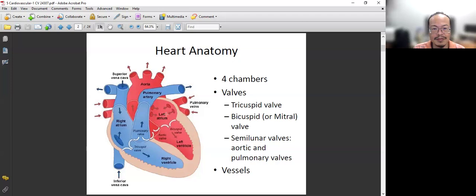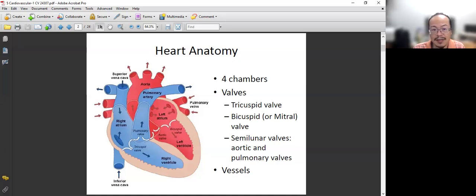All right, so you need to know these chambers and how they connect, and also which vessels connect with each chamber. A quiz question can be: when the left ventricle squeezes blood out, which vessel receives blood from the left ventricle?